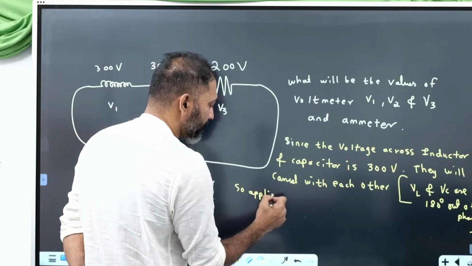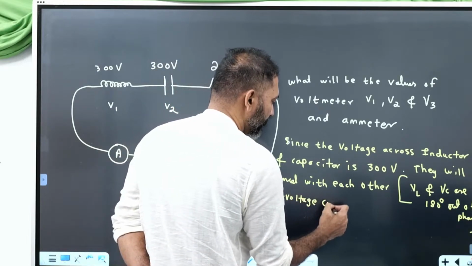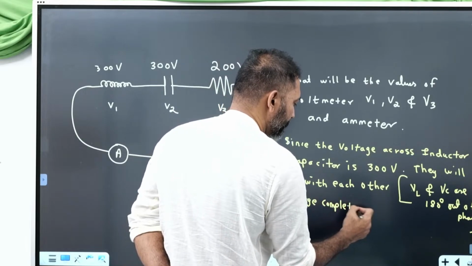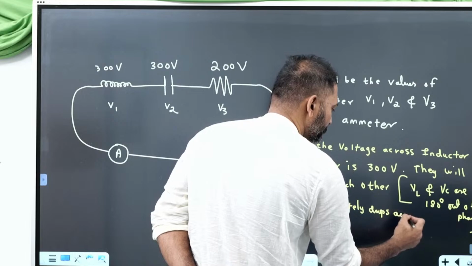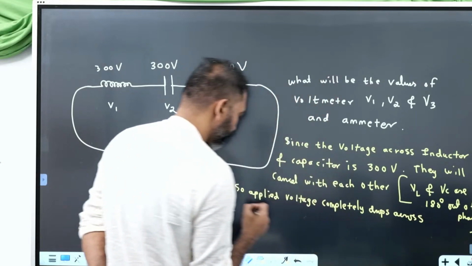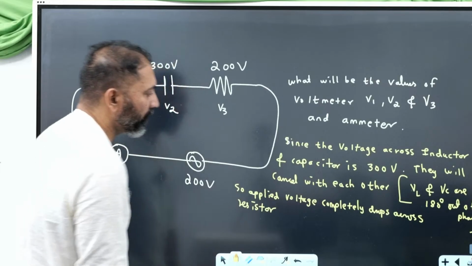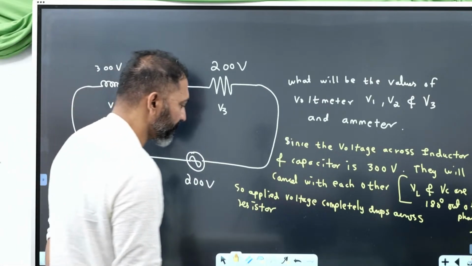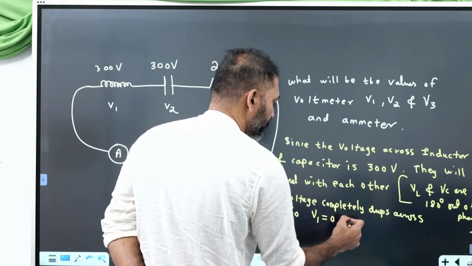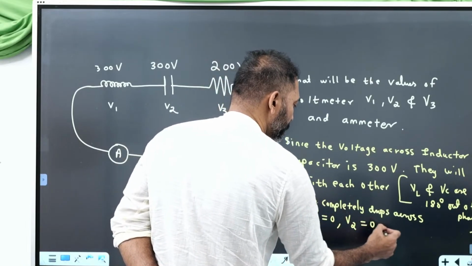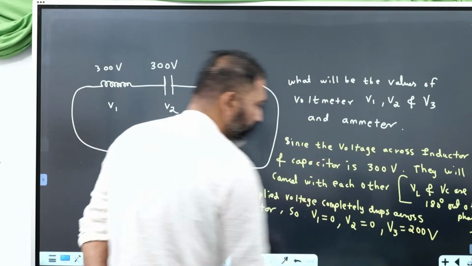So applied voltage completely drops across resistor. So V1 equal to 0, V2 equal to 0, and V3 is equal to what? 200 volt.